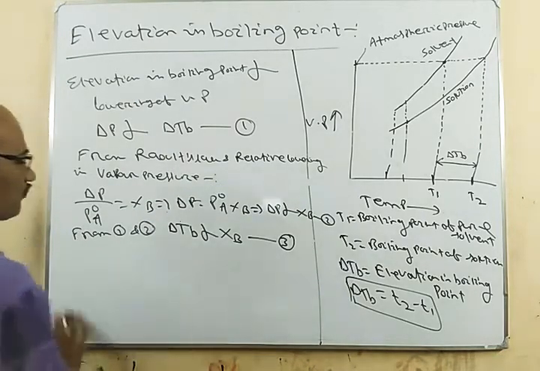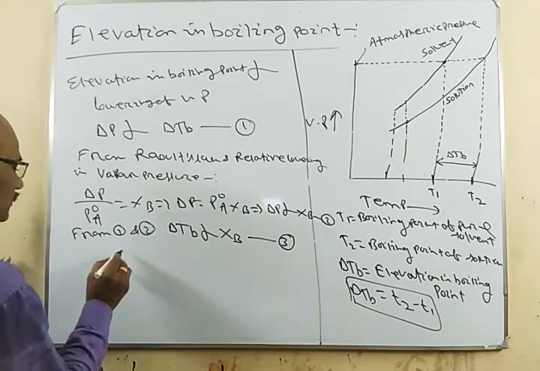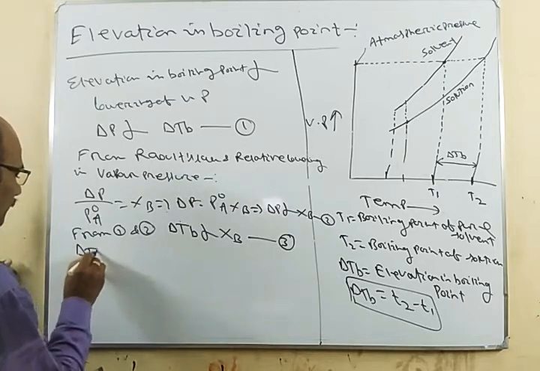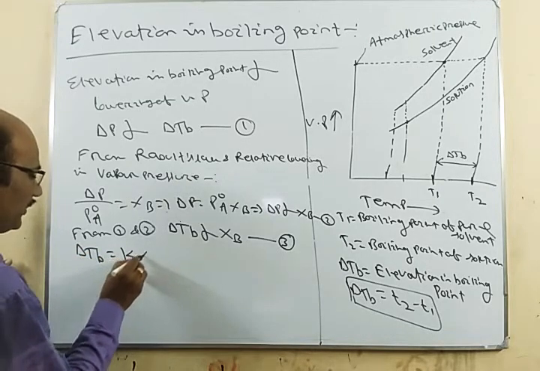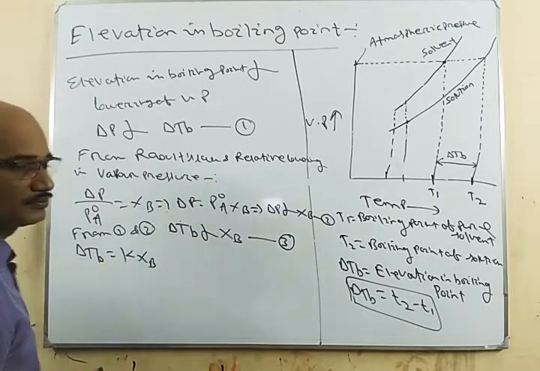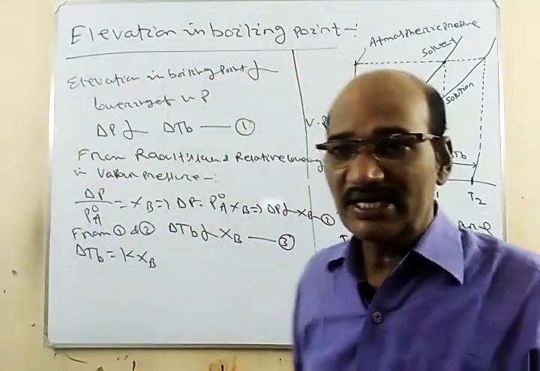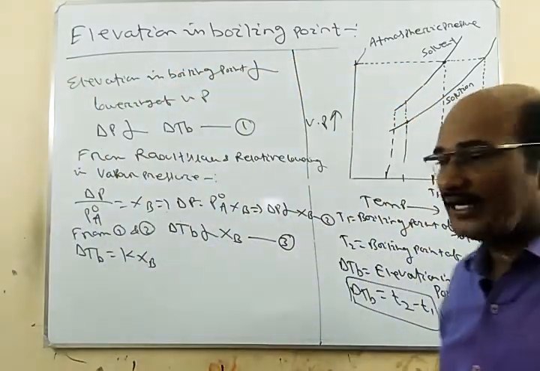So what you can say, delta TB equals K into XB.